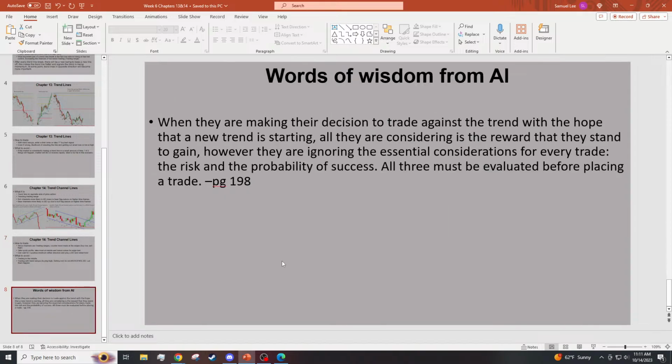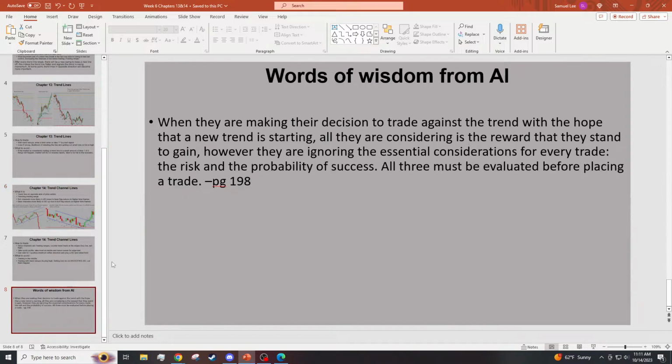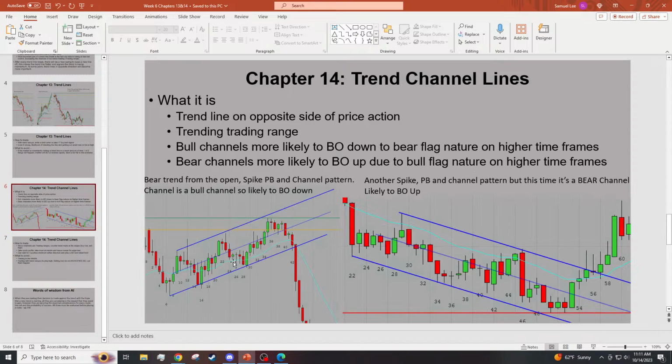And lastly, the words of wisdom from Al. A lot of these 2 chapters are very technical, so he's really on topic, but I did like what he said here, and I'm going to paraphrase it essentially. He was talking about how beginner traders won't recognize this channel. Maybe they sell below bar 28, maybe they sell below bar 15, because all they see is the potential.